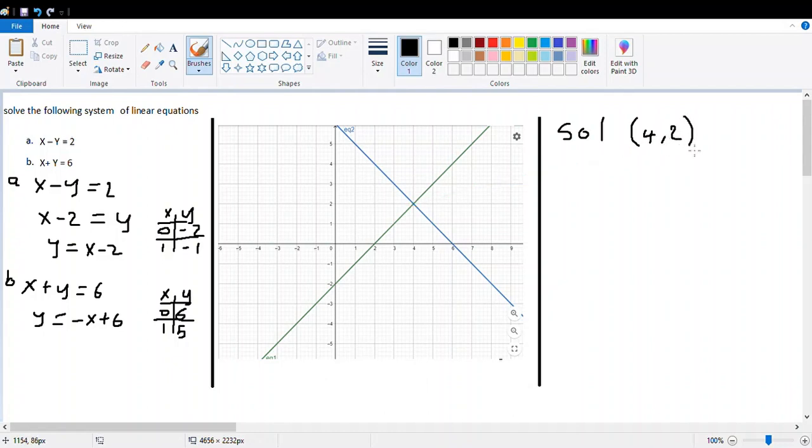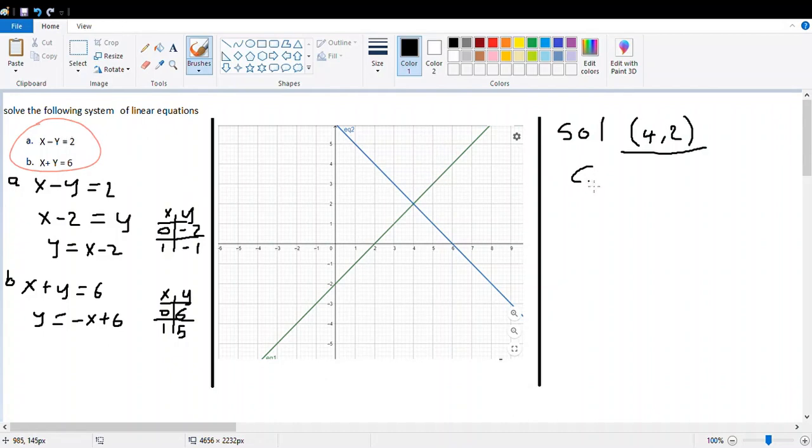But of course, we have to remember the definition of the solution of a system of equations. A solution of a system of two equations, a 2 by 2 system, is an ordered pair that makes both equations true. But if we want to check that this ordered pair makes each equation true, we have to check.